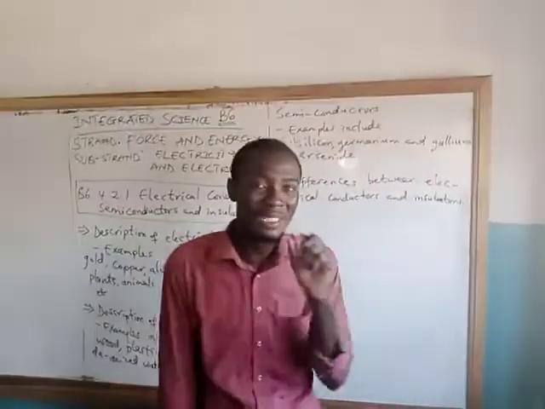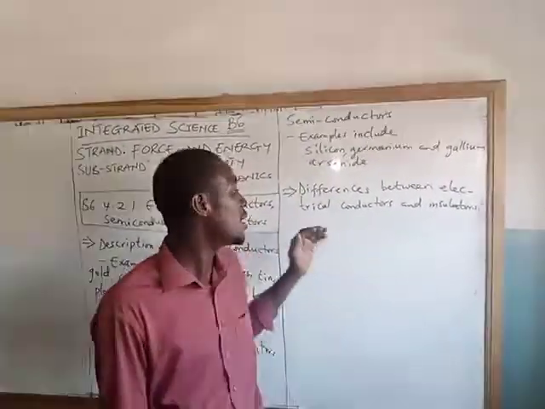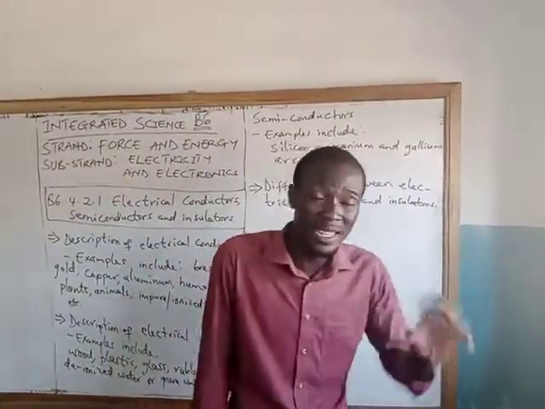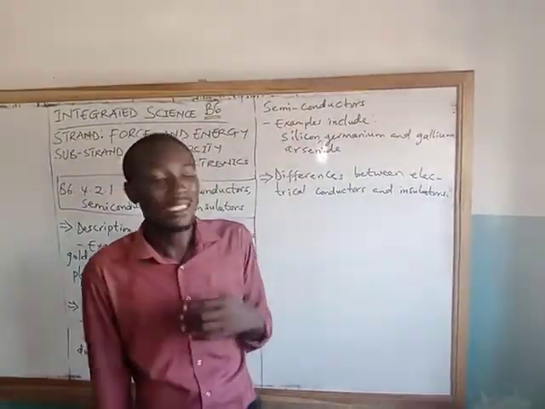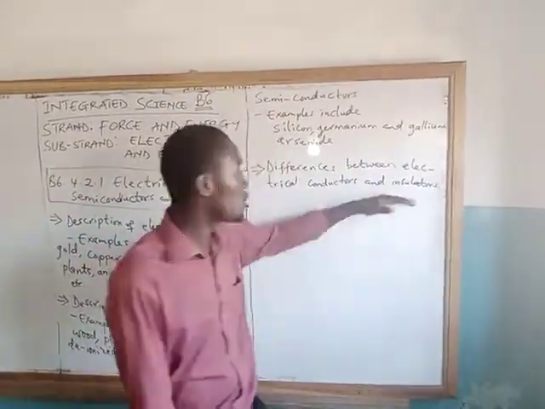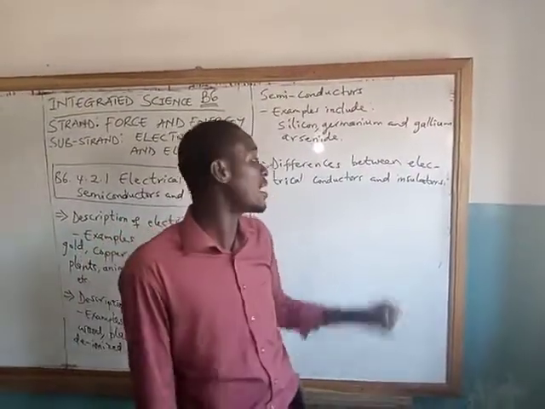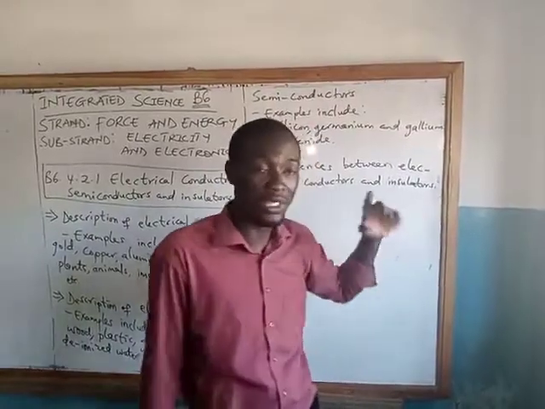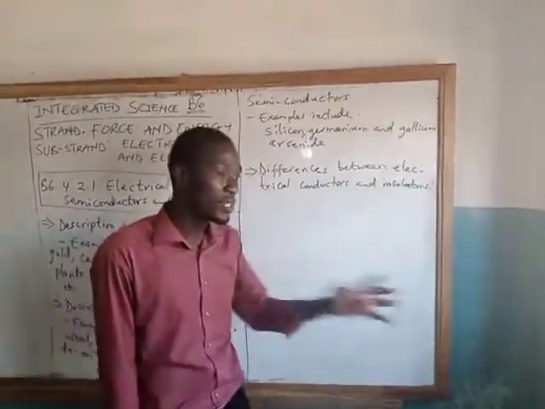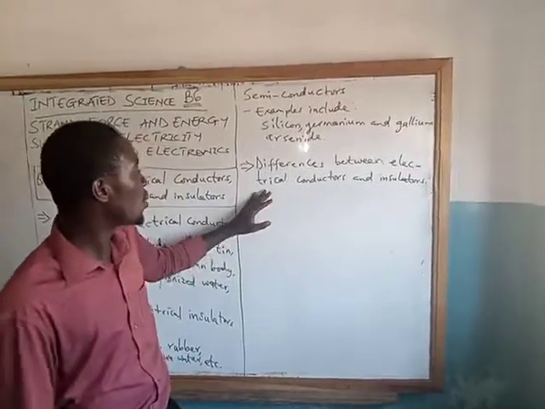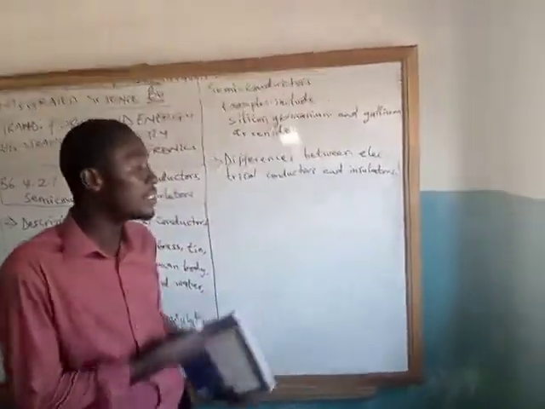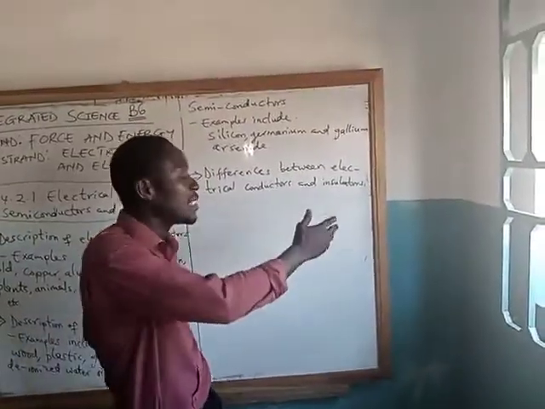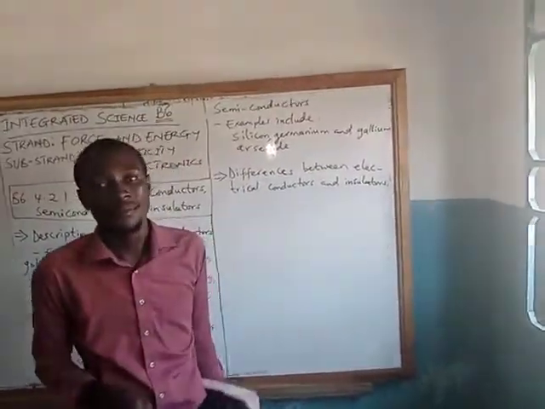Also, conductors have little or negligible electrical resistance, so there is nothing strong to oppose the electric charges as they flow. But insulators have great or extremely high electrical resistance, so they are unable to conduct electricity, because this resistance will not allow the charges to flow. Also, electrical conductors are mostly metals, but insulators are non-metals.